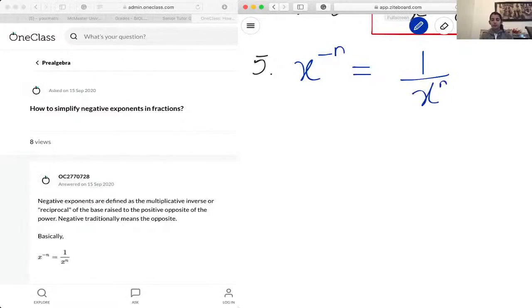A lot of people still put in the negative. Once you take the reciprocal, it becomes a normal exponent. So for example, if it was x to the power of negative 2, that basically just means 1 over x to the power of 2. Okay?